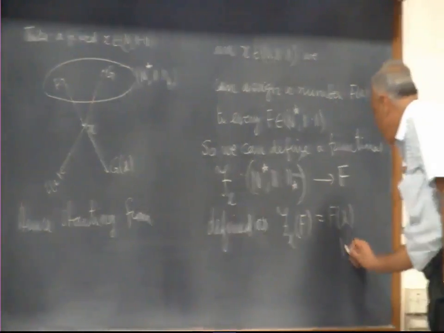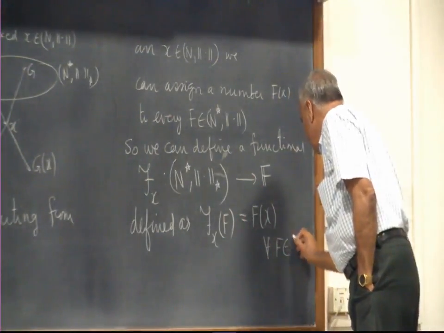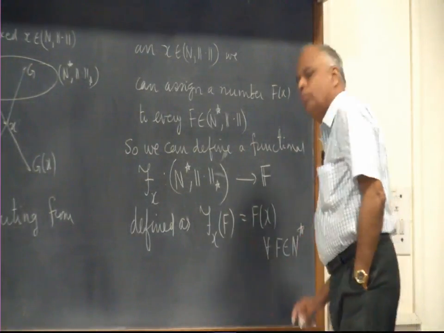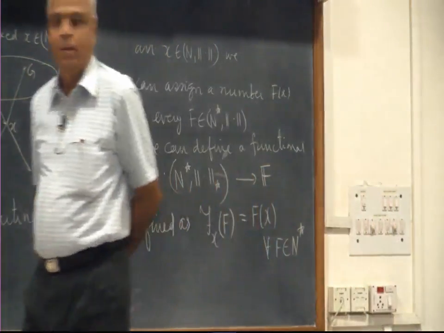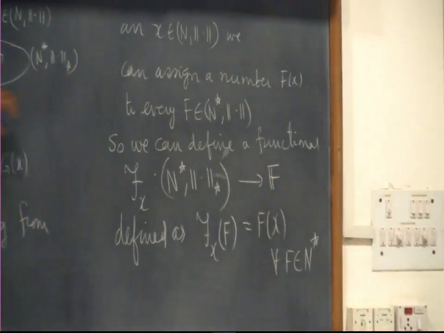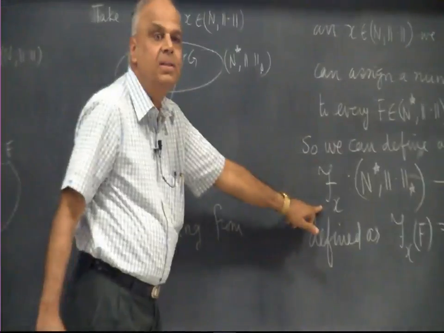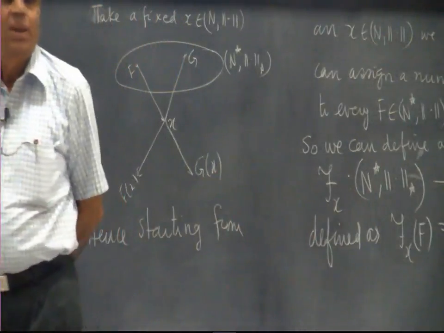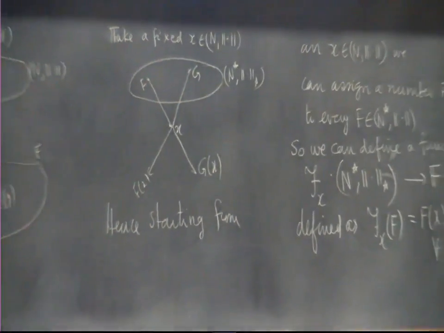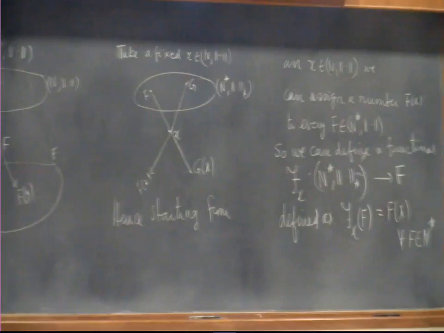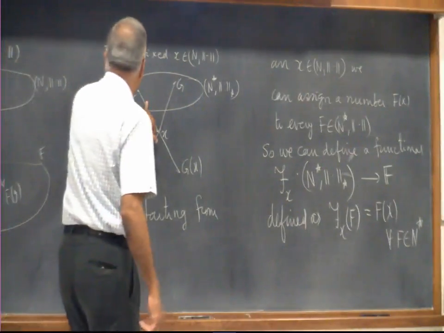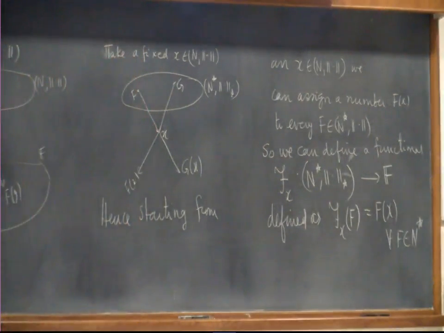This is for every f in N star. Okay. So this is what that functional, the thing that describes this is this functional F_x. Okay. With every doctor you have a number, and that gives rise to a functional on the doctors, but this is the functional on the patients.